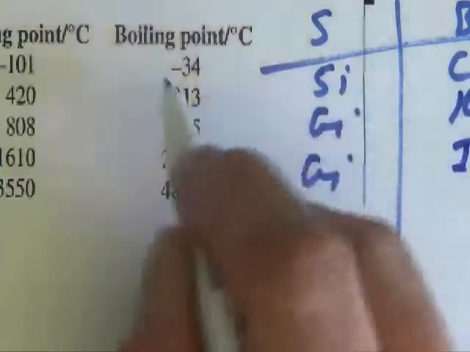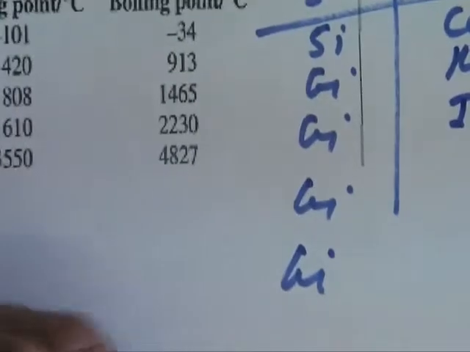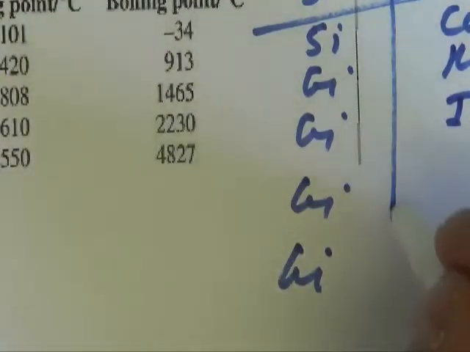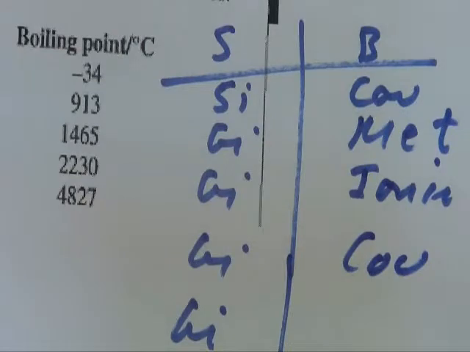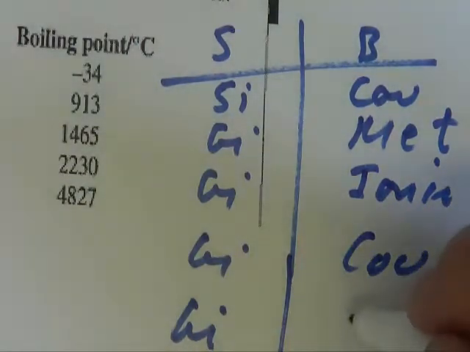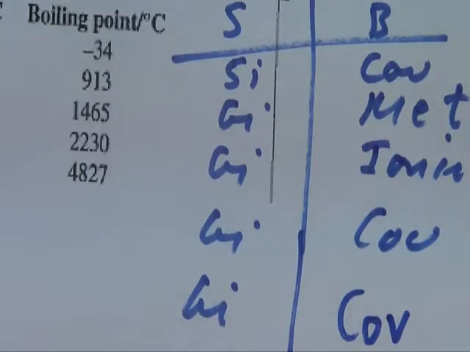Sorry, we can't tell the bonding from the information in the question. You should be able to work out the bonding in these. Quartz is silicon dioxide, which is not on the new syllabus actually, but silicon dioxide is a non-metal, so again that's covalent. And the last one is diamond, and you should know and recognize diamond as being giant covalent.